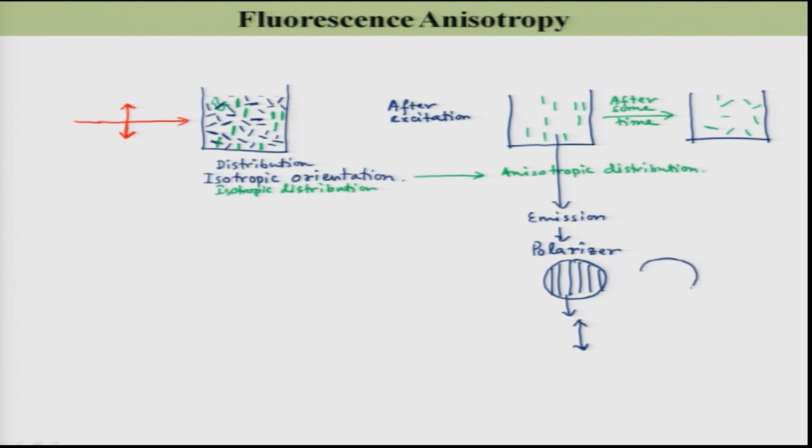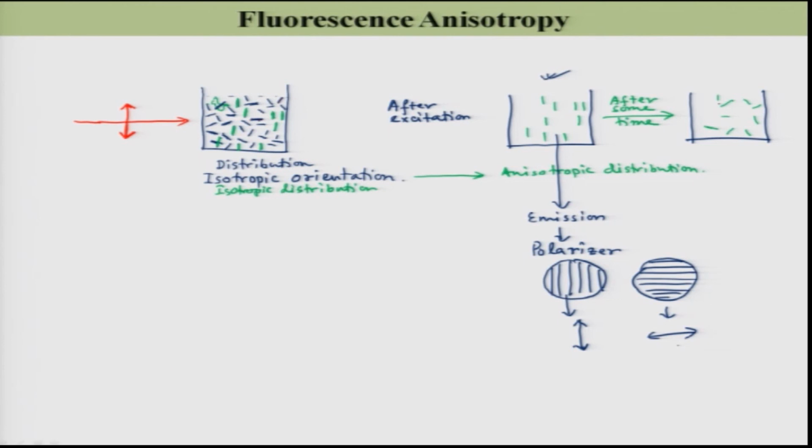If it is set this way, it will pass light which is horizontally polarized. So, in this case, just after the excitation, the intensity of light which is polarized vertically will be more compared to this intensity.